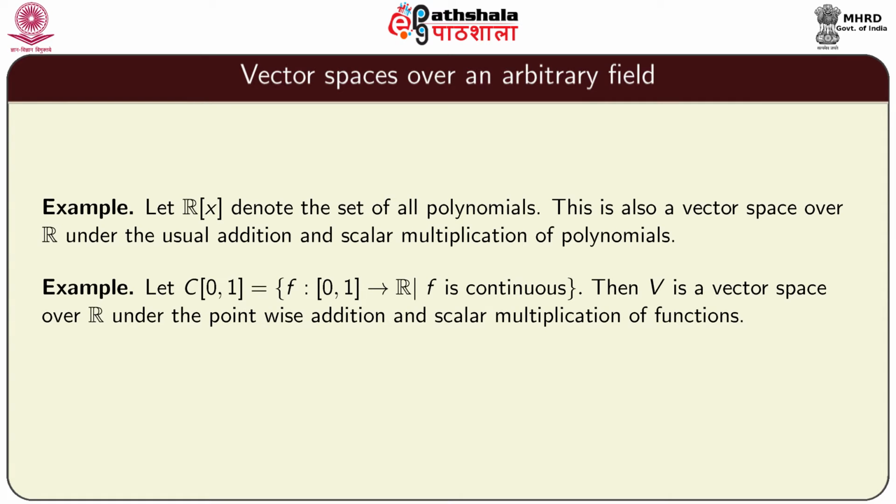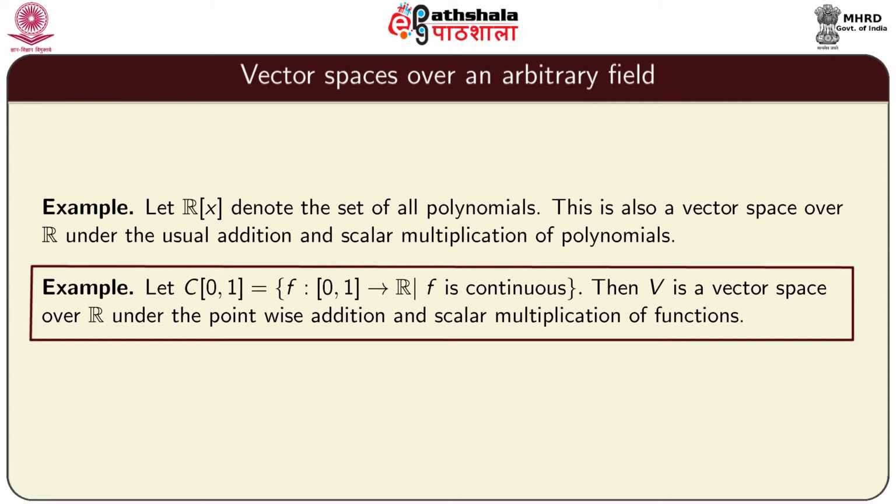Another example, C01 denotes the collection of all functions from the closed interval [0, 1] to the set of real numbers, such that f is continuous on the closed interval [0, 1].